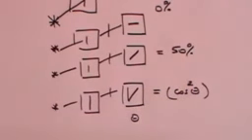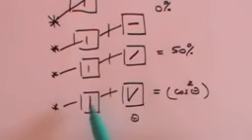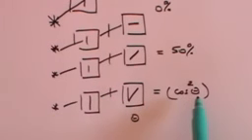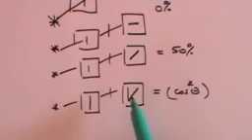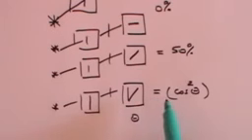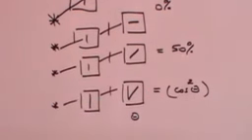In other words, when theta is naught, that is to say the polarizer is in exactly the same direction as the original polarizer, cosine theta is 1, cosine squared theta is 1, and 100% of the light comes through. When theta is 90, cosine 90 is naught, cosine squared is naught, none of it comes through. So the intensity of the radiation falls off according to the angle between this polarizer and this polarizer.